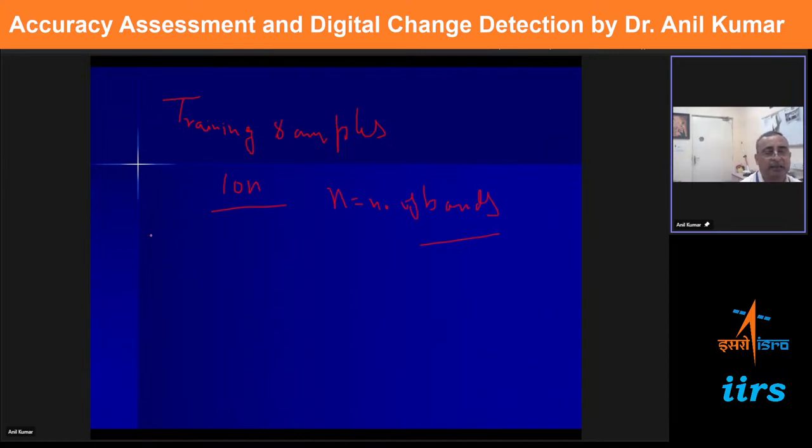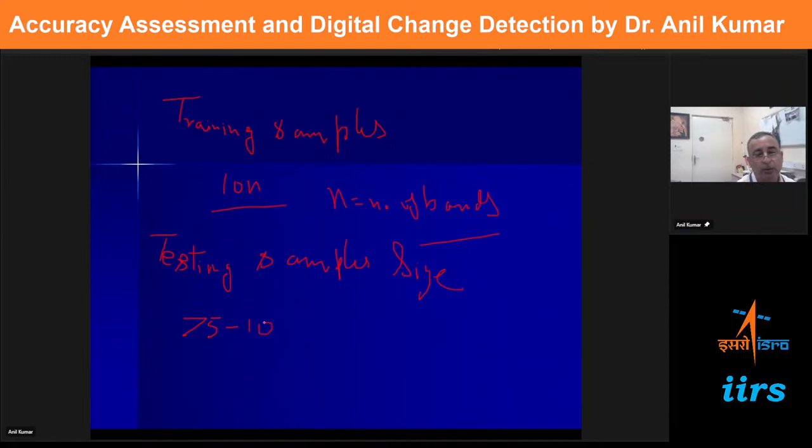And second is testing samples size. So for testing sample size, if you see one of the thumb rules by Congleton 1991, he proposed that we should have 75 to 100 samples per class.